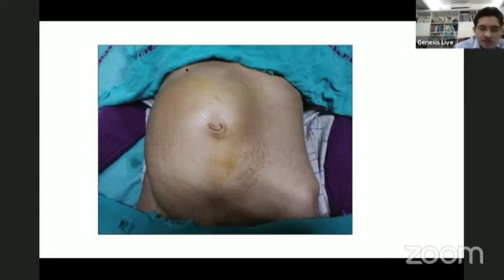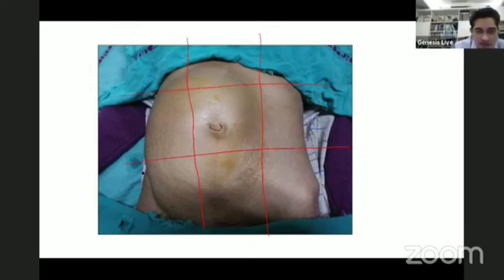If you draw the nine areas, you'll see this lump may involve the right iliac fossa, the right lumbar, the umbilical, also partly the epigastric, the hypogastric, and the right hypochondriac region.